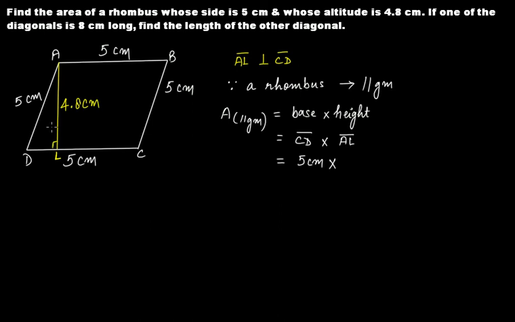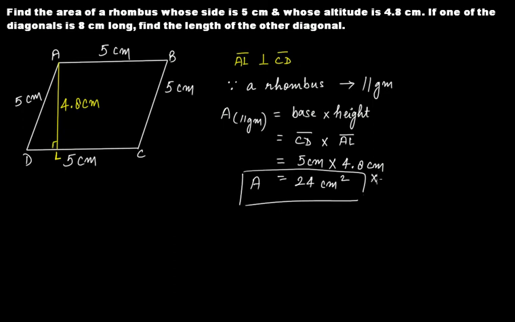If you multiply 5 centimeter and 4.8 centimeter, then the area you get is 24 centimeter squared. So the area of a parallelogram, or in this case rhombus, is 24 centimeter squared.